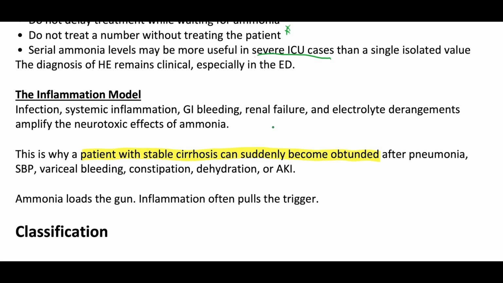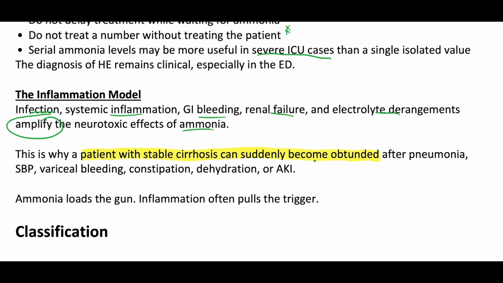So someone with cirrhosis, let's say they're on lactulose at home, they've kind of reached a neutral status where they do not have hepatic encephalopathy, but then something happens and they develop hepatic encephalopathy. And that might be from infection, systemic inflammation, GI bleeding, renal failure, electrolyte derangements. All those things seem to amplify the neurotoxic effects of ammonia. And like some people say, ammonia loads the gun, inflammation pulls the trigger.